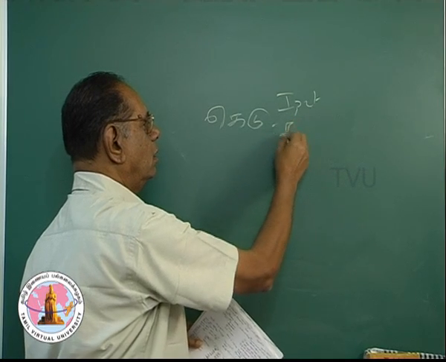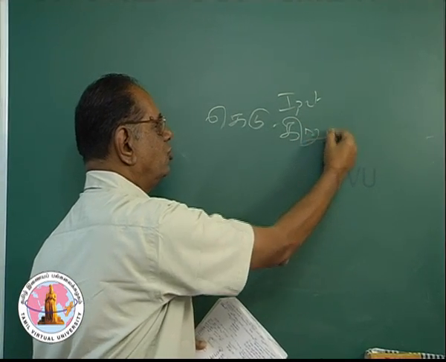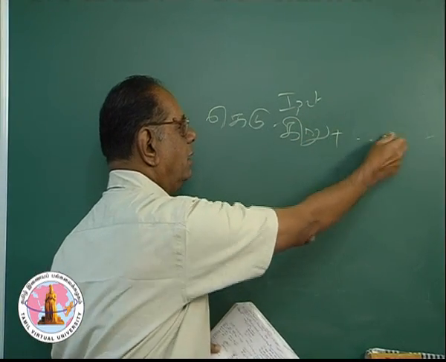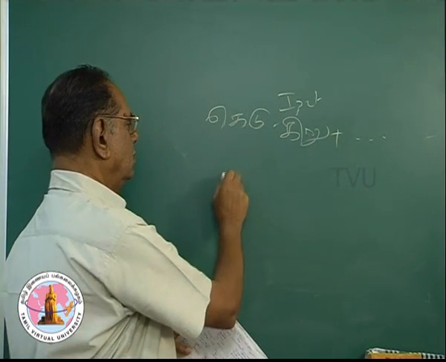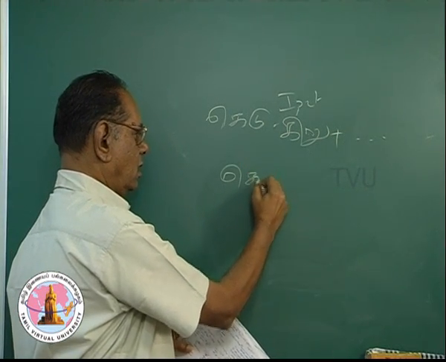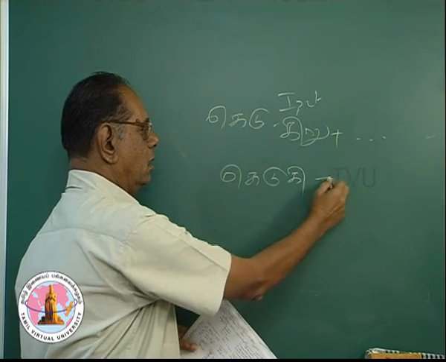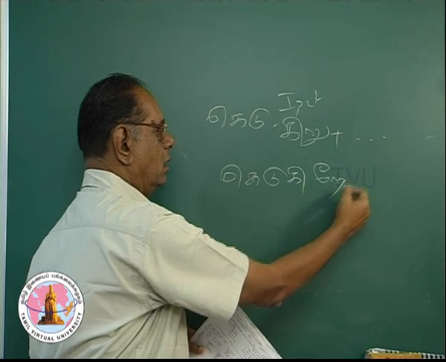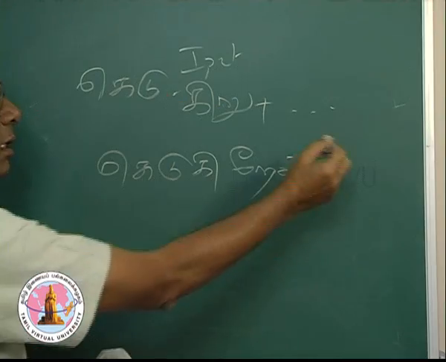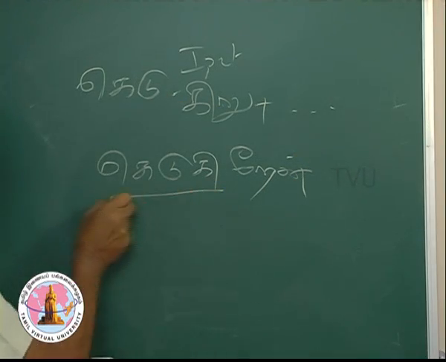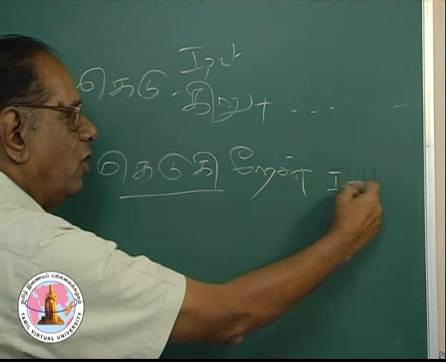You have the present tense marker and then the person suffix. This remains kedugireen, just the same intransitive form.